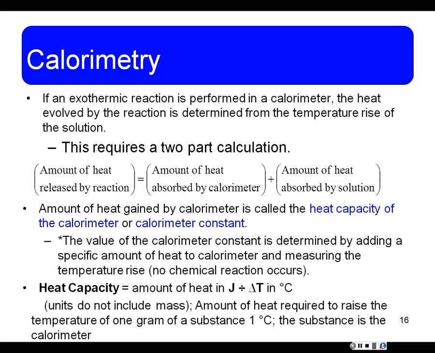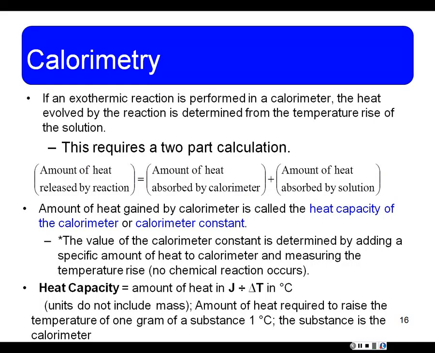I mentioned this earlier, but we're going to look at an exothermic reaction. Most of our spontaneous reactions are exothermic. We are going to look at some endothermic ones, so there are some. But if we're thinking about an exothermic reaction, you already answered this earlier, so there's a reason for asking you what two things absorb the energy, the heat, in the calorimeter.